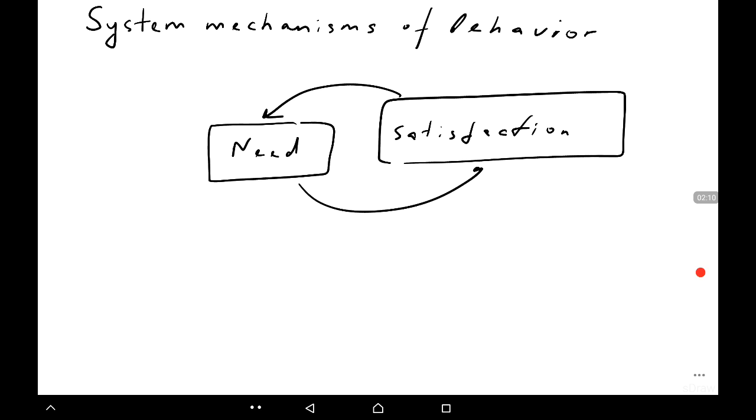Okay, and this idea makes it possible to combine different factors into the whole system, and now we will draw the functional system of the behavior.